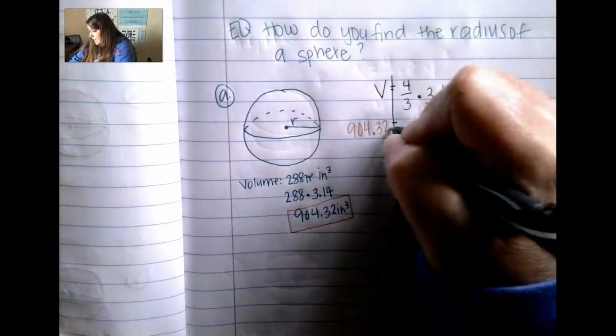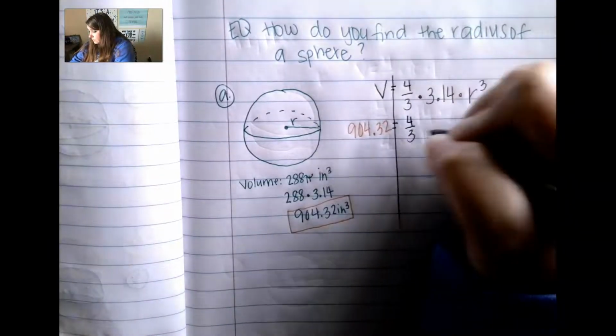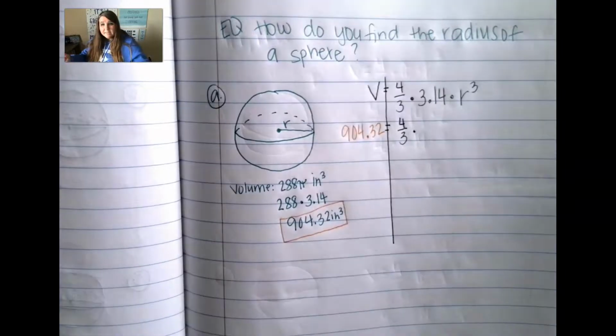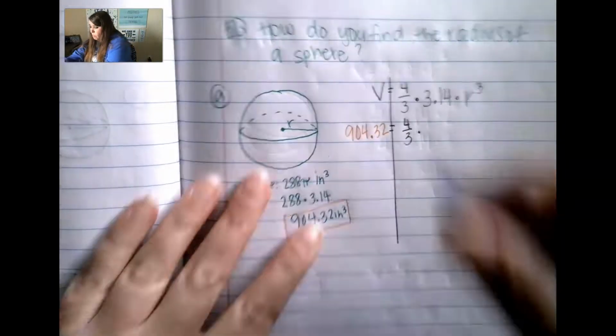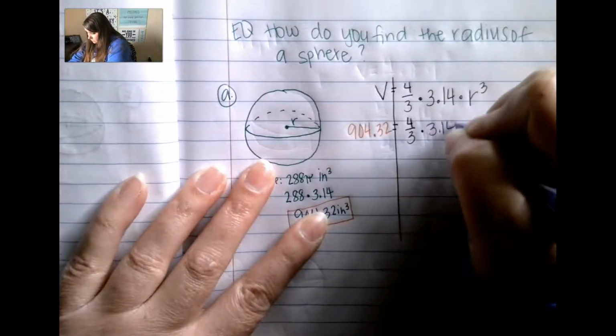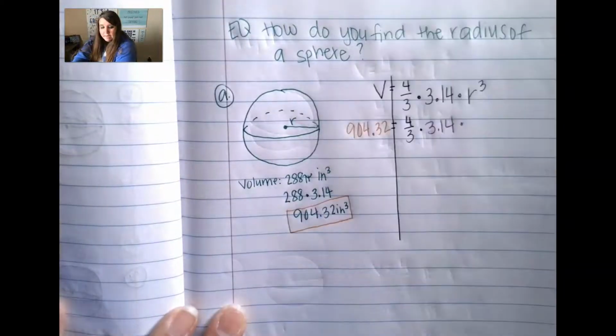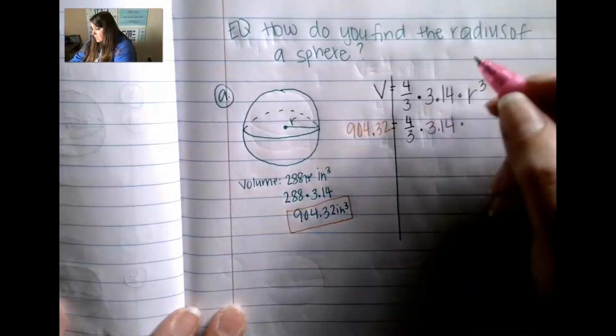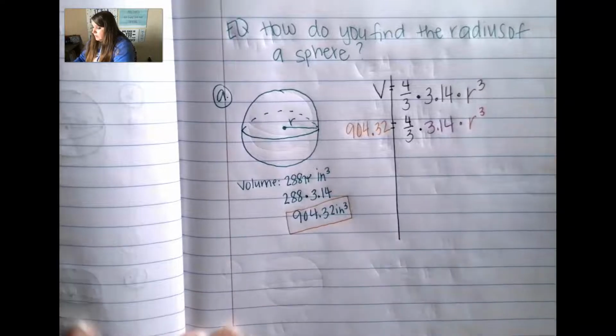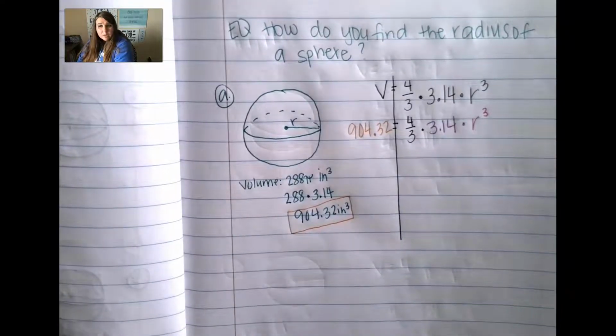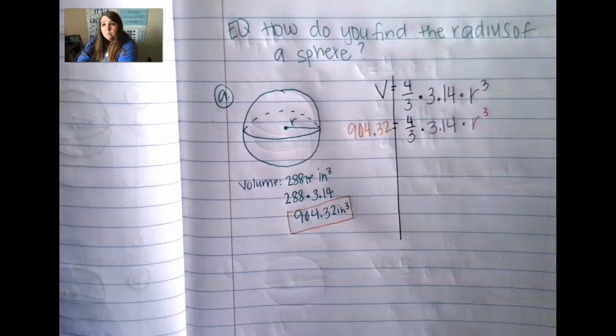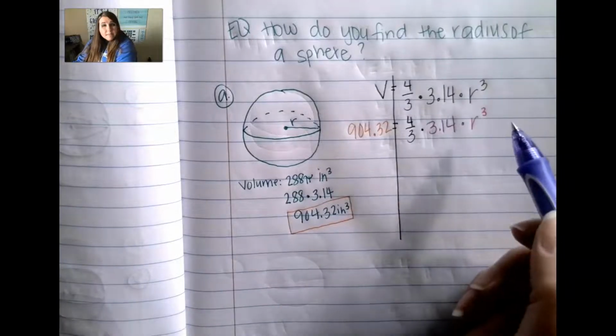4/3 is going to stay as 4/3. Pi is going to stay pi. And our radius, we still don't know radius cubed. So let's go ahead now and we're going to think about isolating this variable. We want to get this r all by itself.